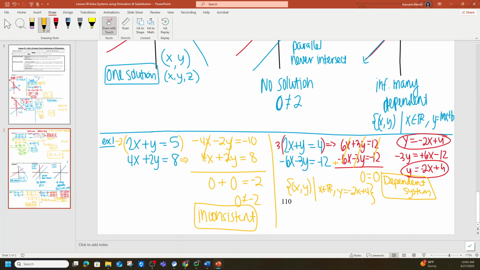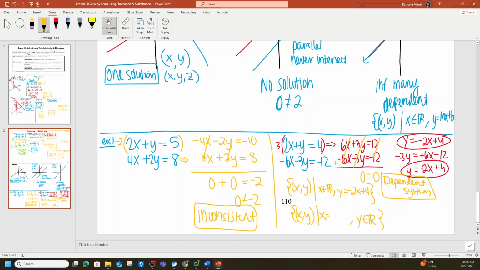Now what if I wanted to make y my element of all reals? What if I had said, hey, my y is an element of all reals. I need to know what x would behave like.